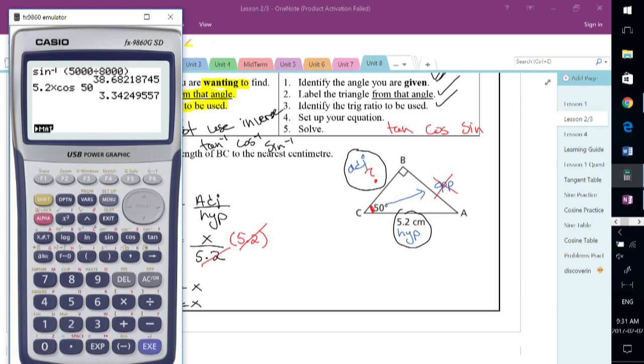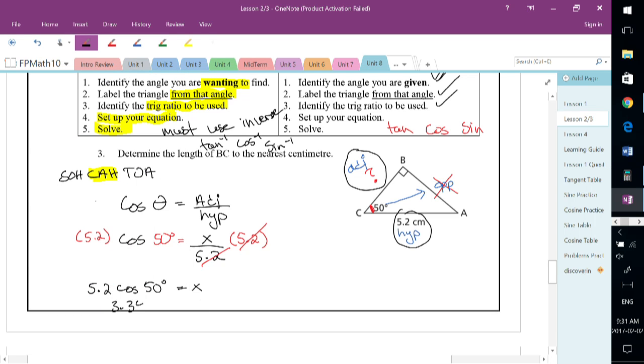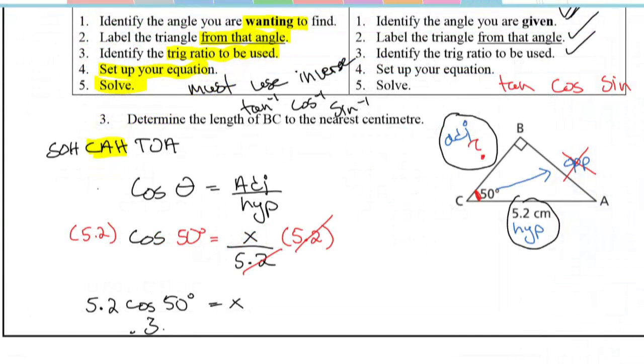Yeah, my hypotenuse was 5.2, so I know it has to be less than 5.2, and it looks like about 3, so that's likely. 3.34. And the question asks for the nearest centimeter. Which is kind of weird. We'll go 3 centimeters.